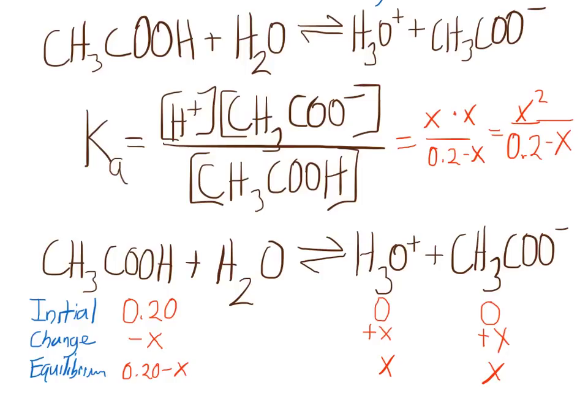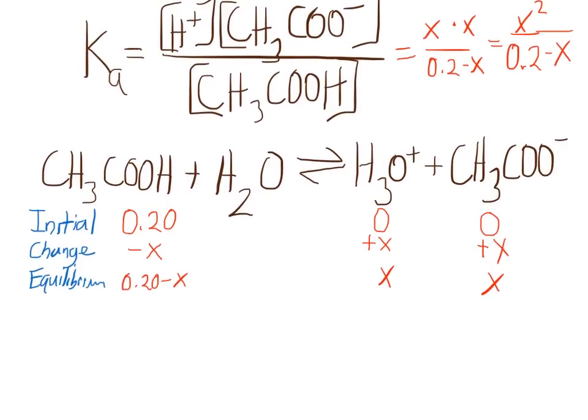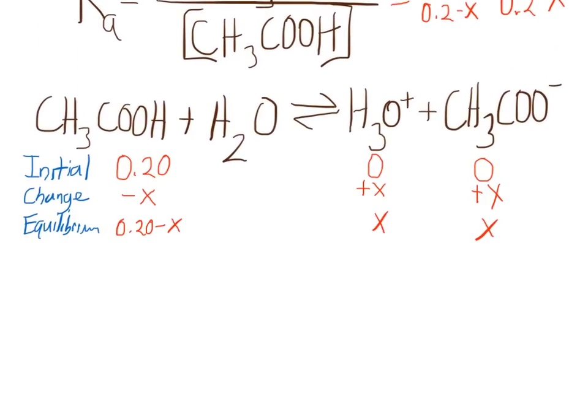Okay, so the next thing, before I say anything else, let me just write it a little prettier right here. So the equation we have now is Ka equals x squared divided by 0.2 minus x. Okay, looking good so far. Man, we've done a lot of work.